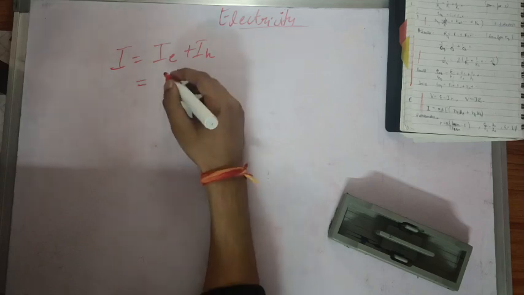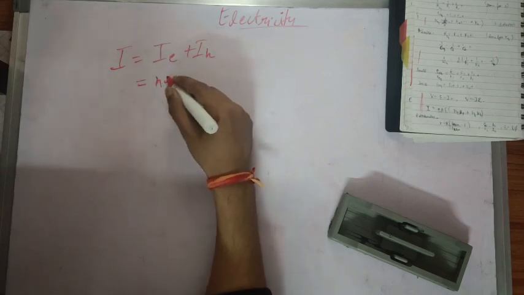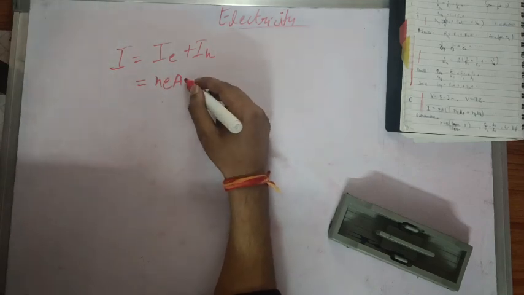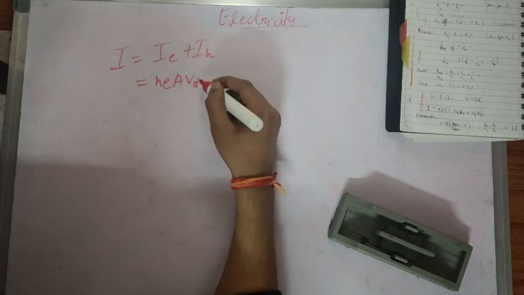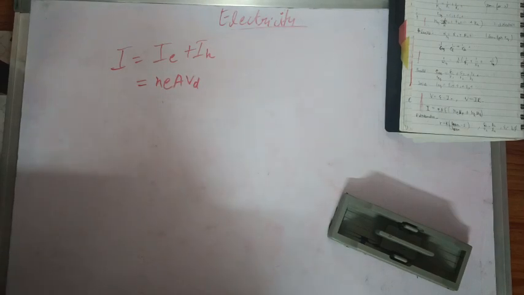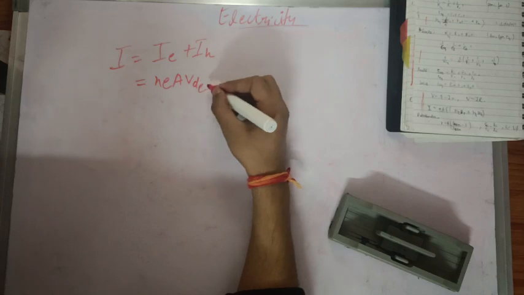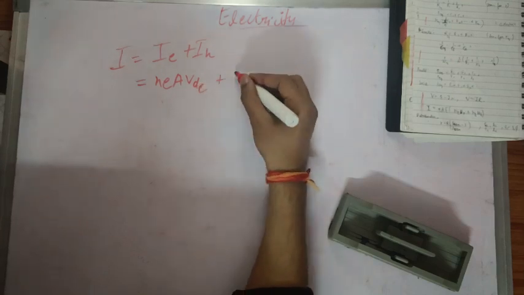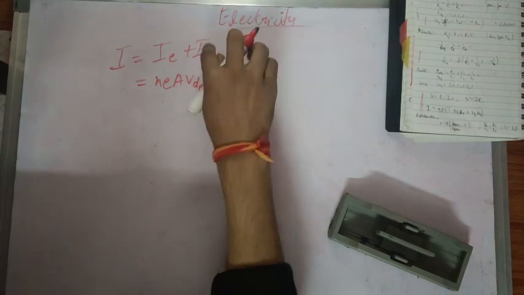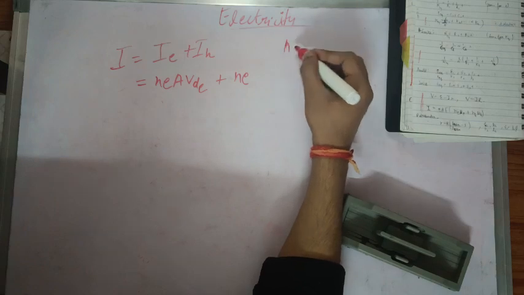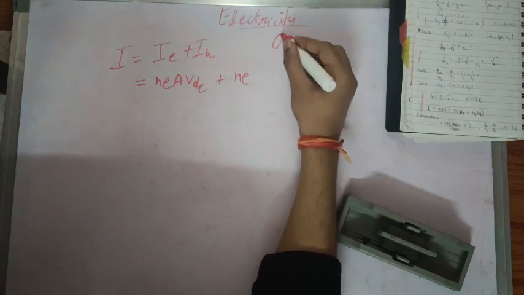So the current is given by neA Vd, which is the drift velocity of electron, plus nE, the charge of the hole.